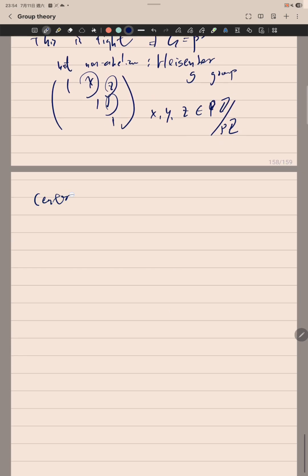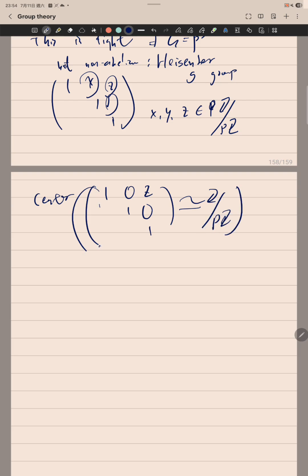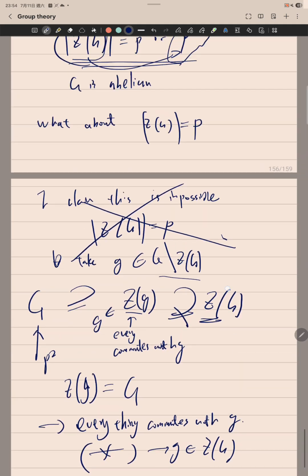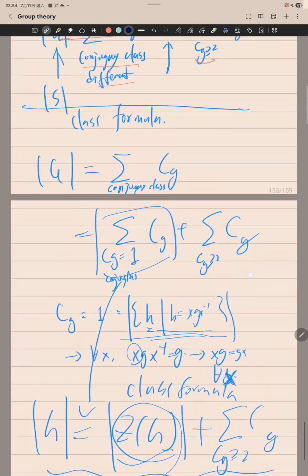I think the center is the matrices with 1, 1, 1 on the diagonal and something in the corner. So the center is isomorphic to Z mod pZ. So you can see the center has order p, but not p squared. Okay, so this is the proof and the application of the class formula.